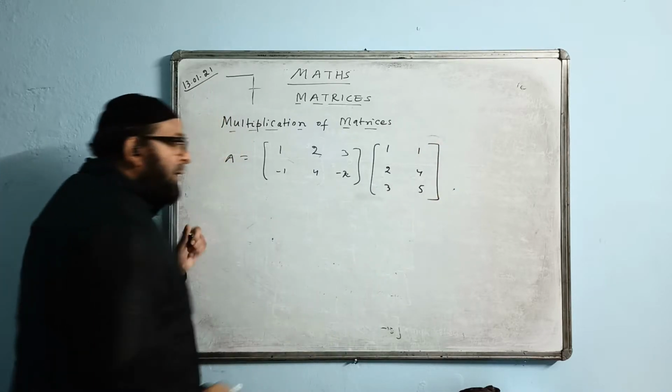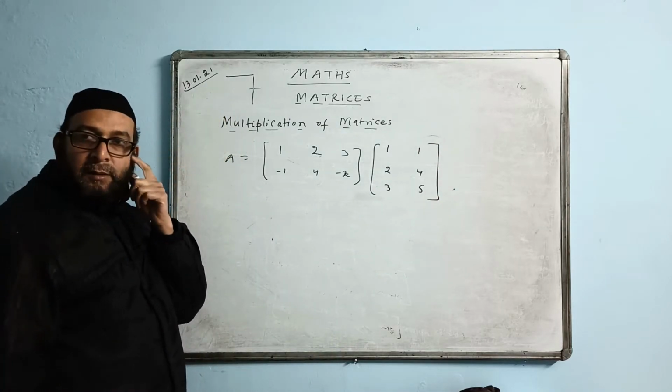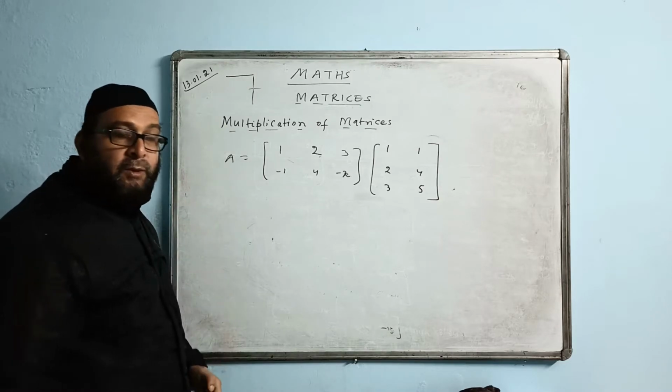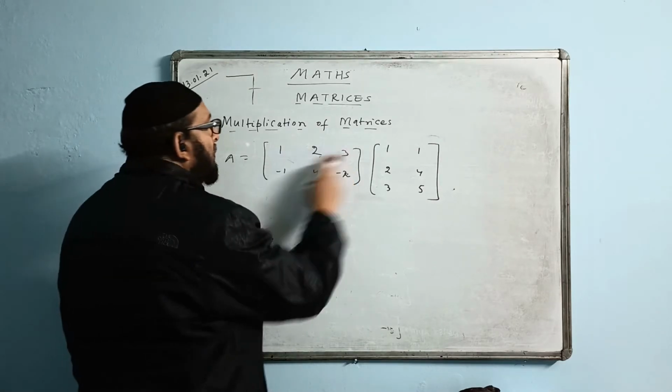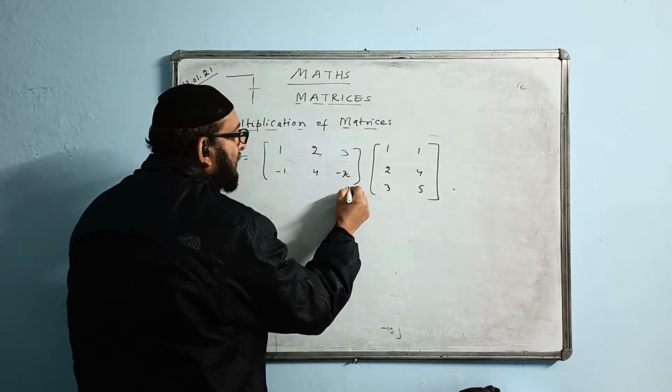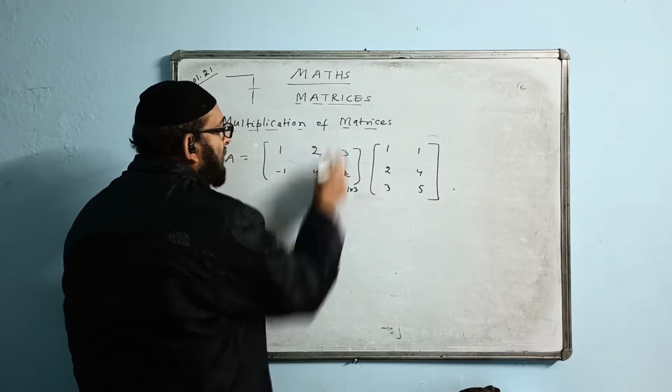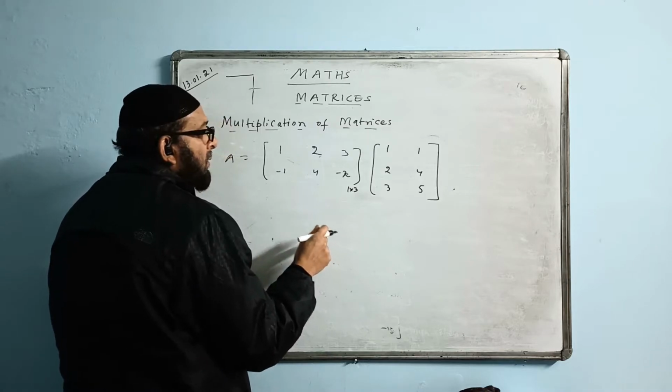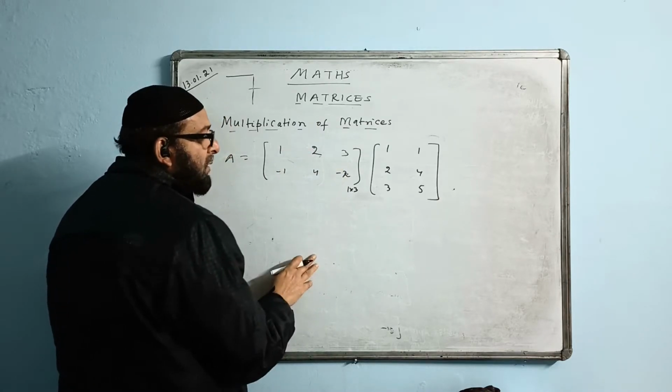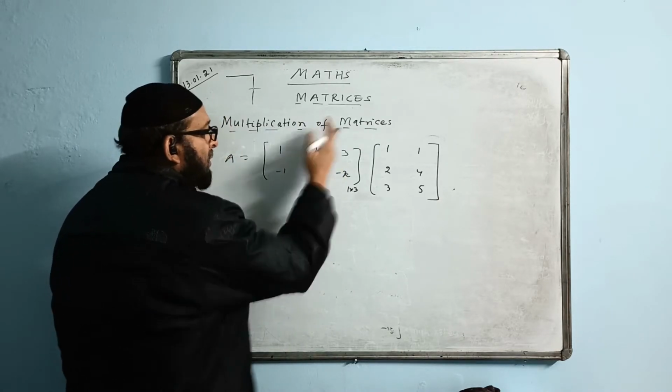Can we multiply these two matrices? We'll check whether it is possible or not. What is the order of this matrix? 1 row and 3 columns, so 1 by 3 order.